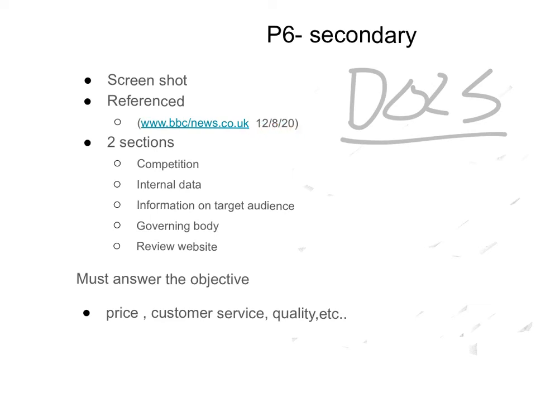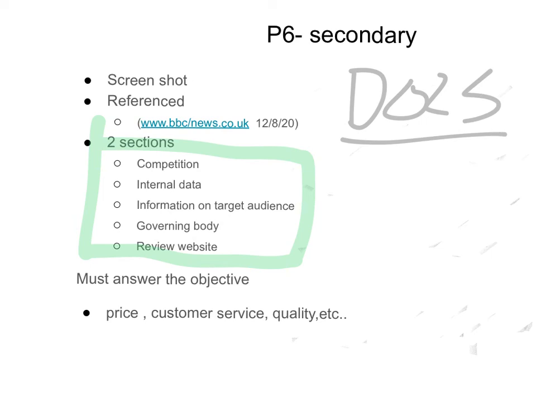The other issue is that I've asked you to do 2 types of secondary. Now if you find that you can't find enough with the 2 types that you've done, you can use all of them. Don't be afraid to use all of these. Even though you said you're going to use 2, use more if you like, because we can then evaluate that in M1 and D1.